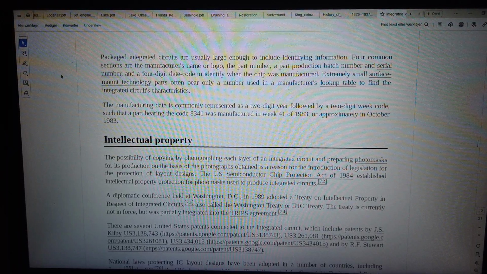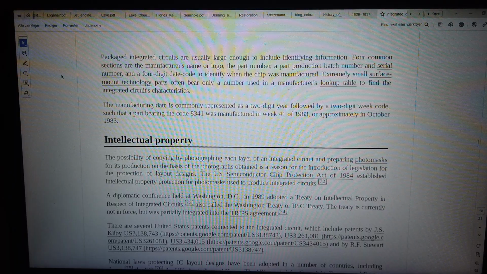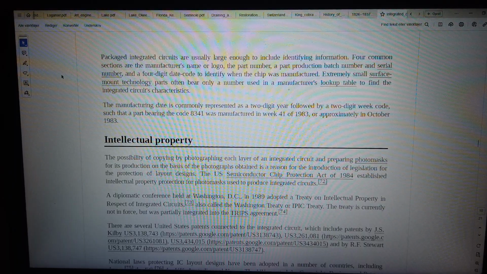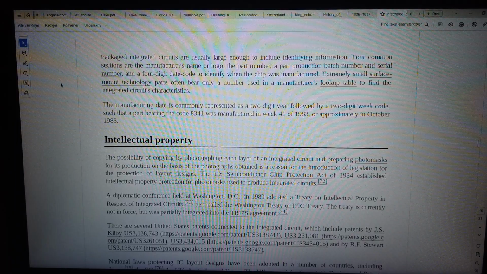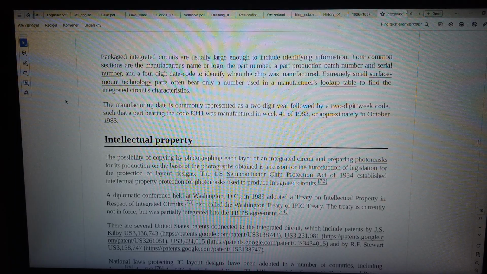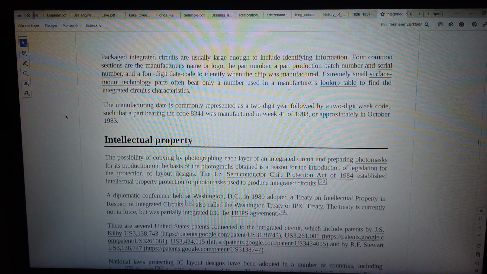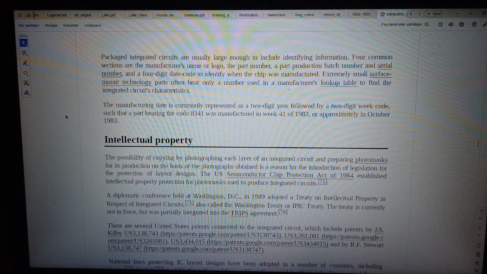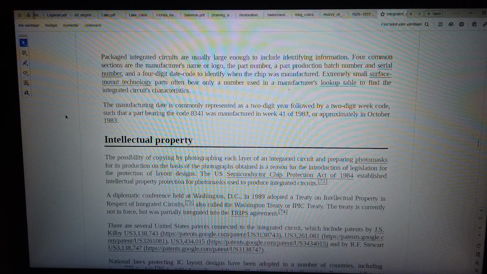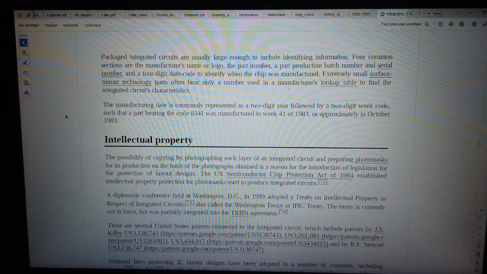Extremely small surface mount technology parts often bear only a number used in a manufacturer's lookup table to find the integrated circuit's characteristics. The manufacturing date is commonly represented as a 2-digit year followed by a 2-digit week code, such that a part bearing the code 8341 was manufactured in week 41 of 1983, or approximately in October 1983.